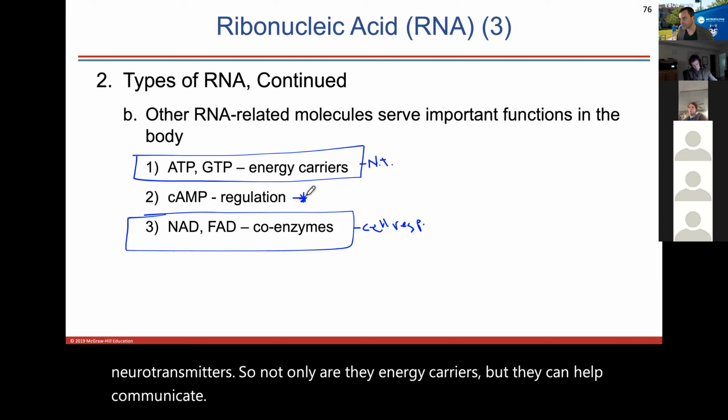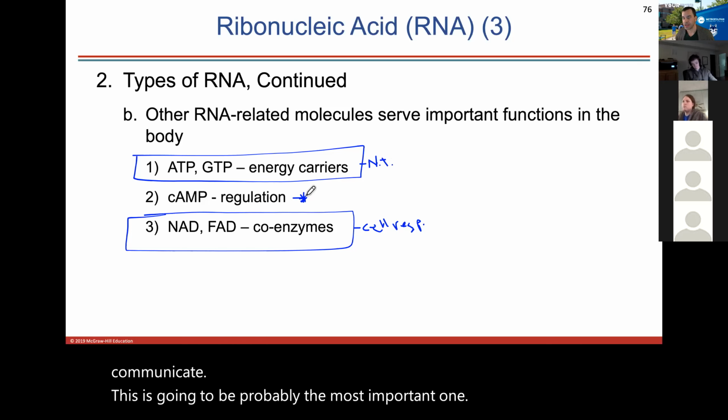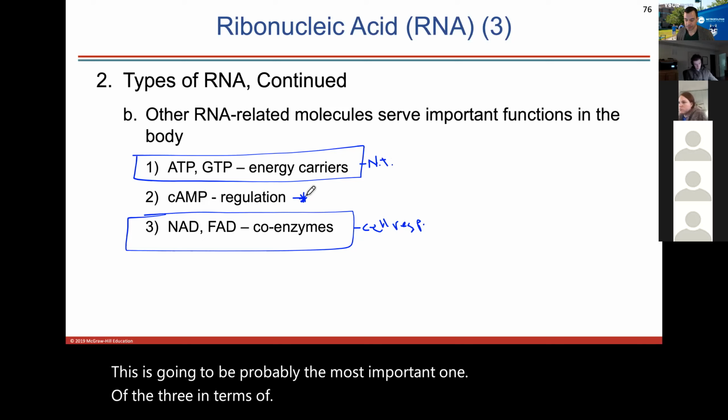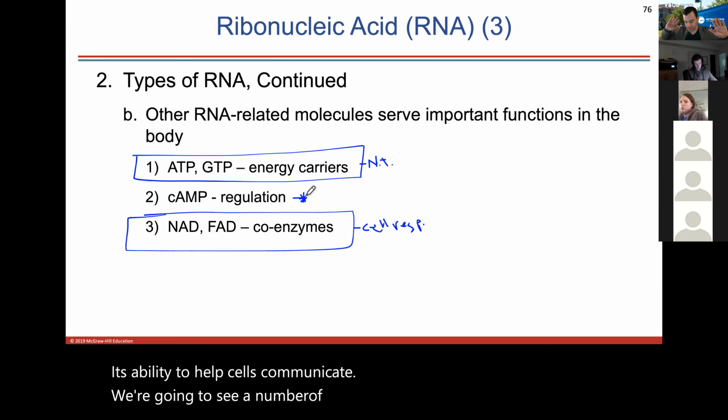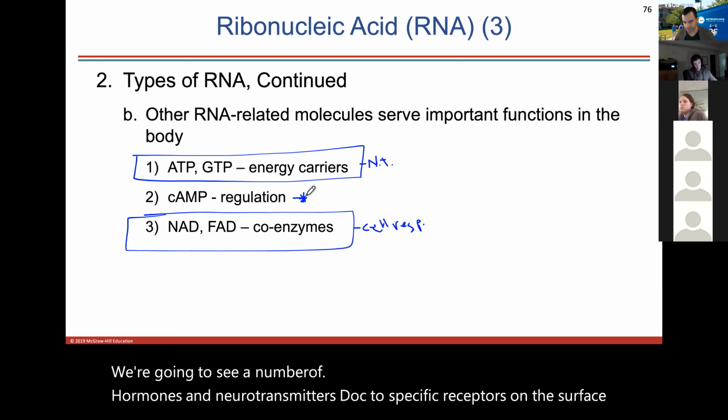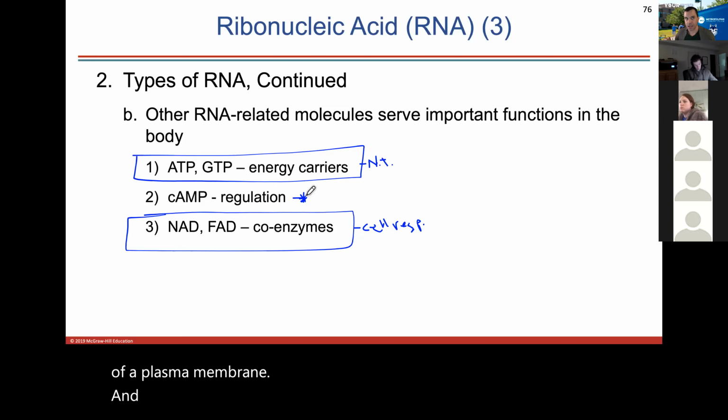This is going to be probably the most important one of the three in terms of its ability to help cells communicate. We are going to see a number of hormones and neurotransmitters dock to specific receptors on the surface of a plasma membrane. And we are going to see a number of those communication methods tell the cell to produce cyclic AMP, which is what cAMP is, cyclic AMP.